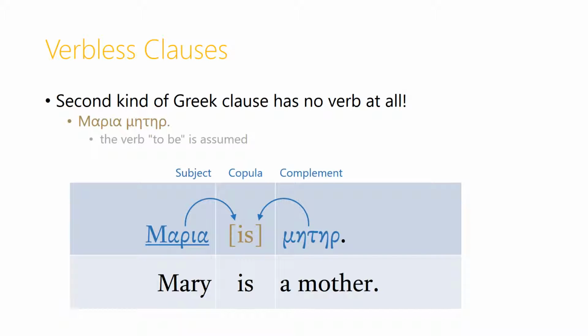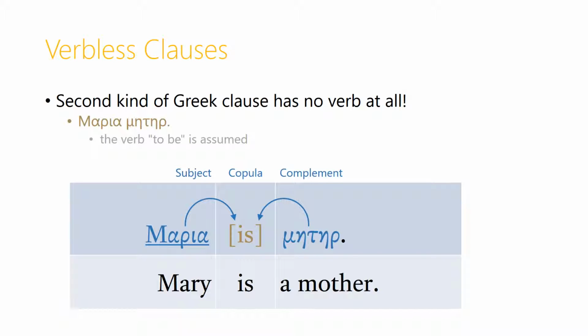Where's the verb? Well, in verbless clauses, the verb to be is assumed. So the verb to be is still in many ways the core of this clause, because the clause is about what is. Something exists. And the question is, what is it that exists?